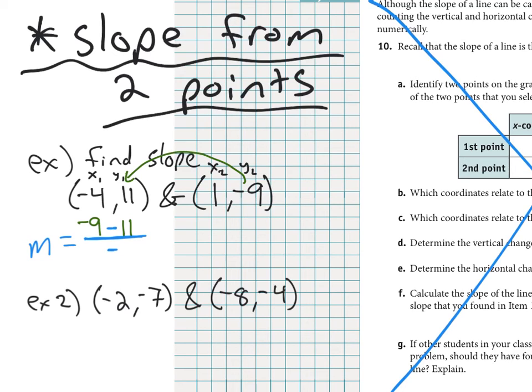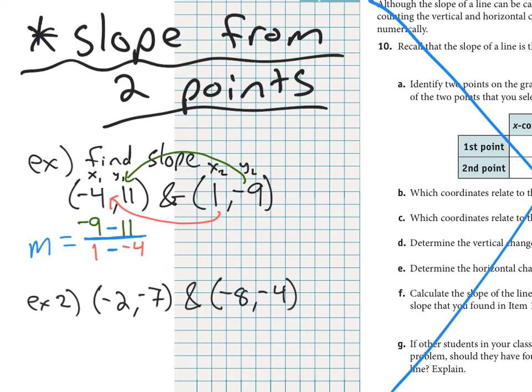Now I use arrows to stay organized. If I see this arrow from here to there, I'm going to draw another arrow from my x value from here to that x value, because that's going to be on the bottom. From x2 minus x1, 1 minus -4.